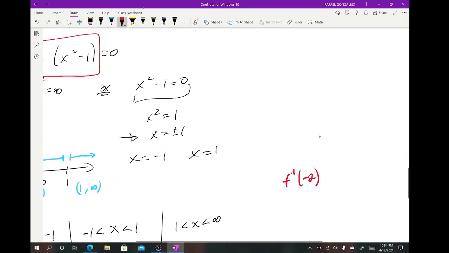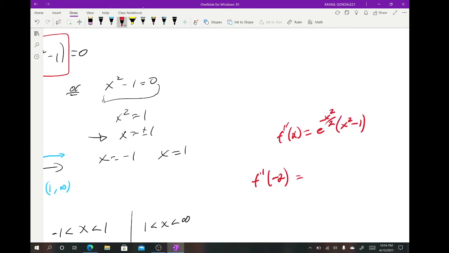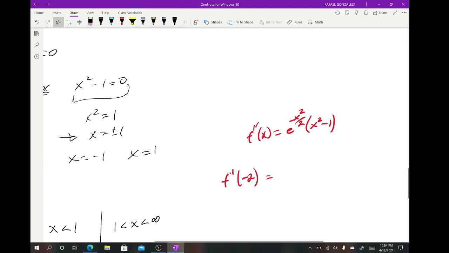So let me just write it up here. f double prime of x is equal to e to the minus x squared over 2 times x squared minus 1. So what we're doing here is plugging in for x. So we have e to the minus (-2) squared divided by 2 times (-2) squared minus 1.